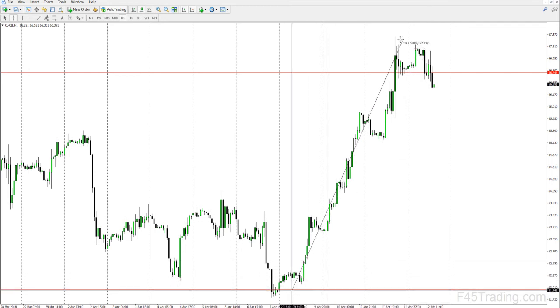It just skyrocketed, and that was about a 540 pip movement. So if you got in on that, with one contract, that would have been over $5,000 on the week. So just so you're aware, that's the power of trading a commodity such as oil. You can make some serious cash in this market in a very short time. So just keep that in mind, guys.